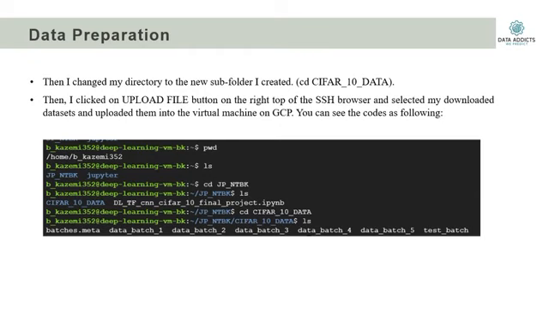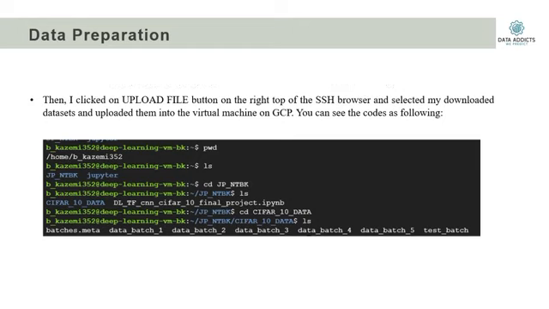If you look at these codes, you can see that those datasets are available in that subfolder. And right now we have the whole CIFAR dataset on the cloud. We will continue the data preparation.